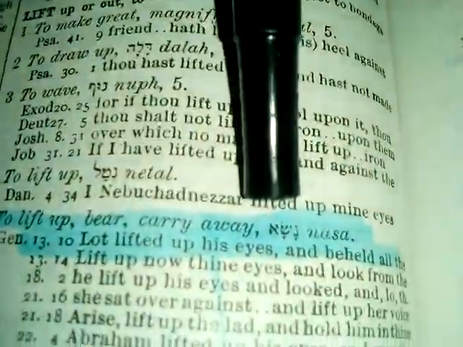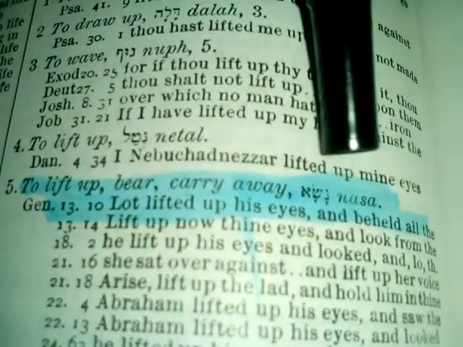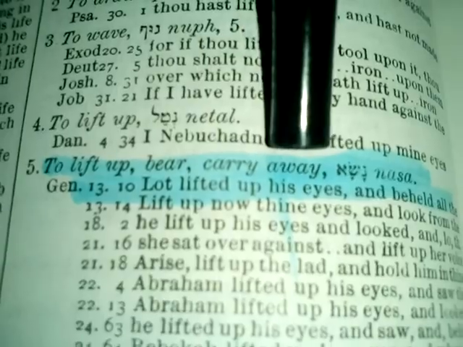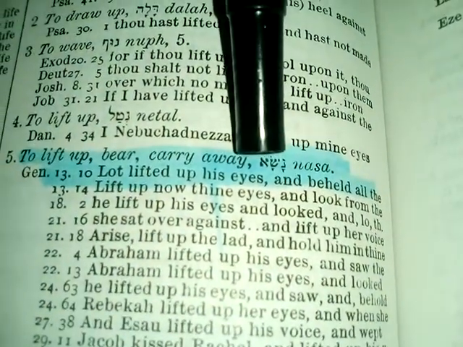It says on page 604, the word Nasa, spelt with a sin, to lift up, to bear, to carry away. And it also means to marry, because the Hebrew root word Nasuyah means a married woman. So we just want to point that out for reason and purposes.